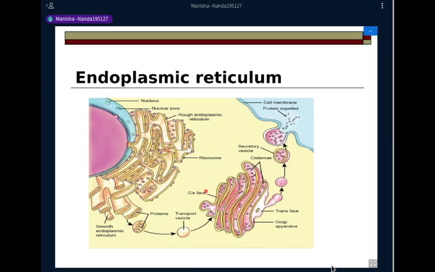Similarly, the part of the Golgi apparatus that is facing the endoplasmic reticulum is called the cis phase, and the one that is towards the cell periphery is called the trans phase.